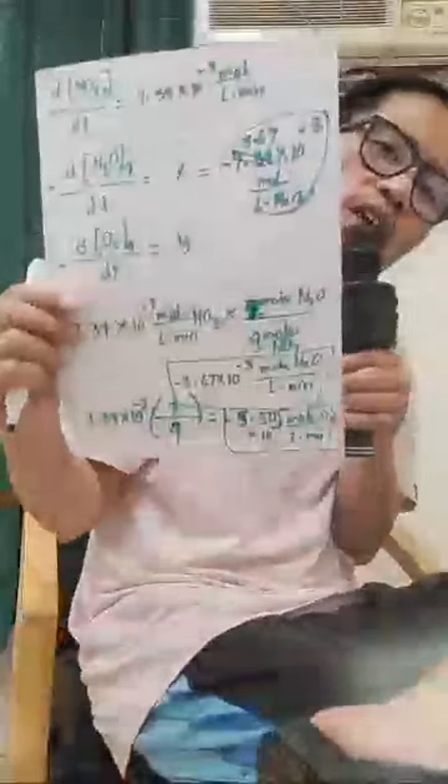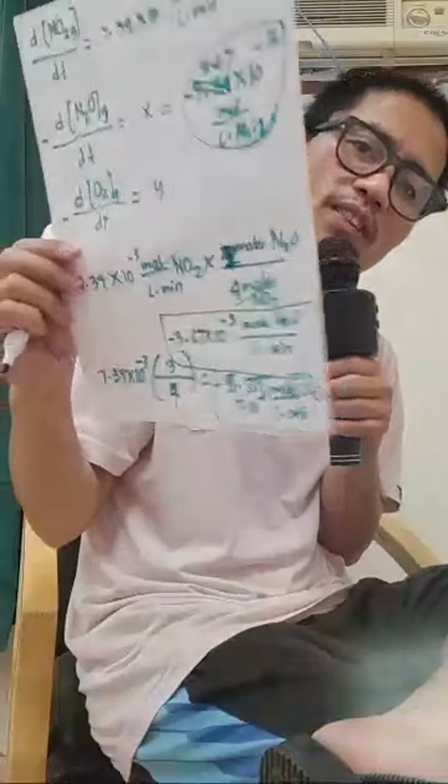So we have now solved the concentration over time of oxygen gas, and we need to put it now in the y, because we left y as our rate of disappearance of oxygen gas, and now we have computed it, so put that there and carry the sign. Negative 5.505 times 10 to the negative 3 moles per liter per minute.